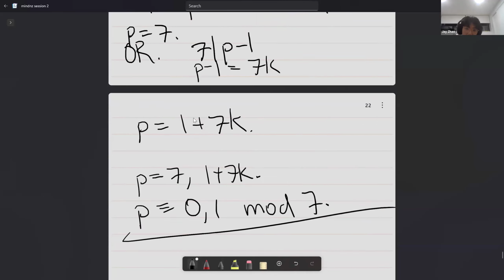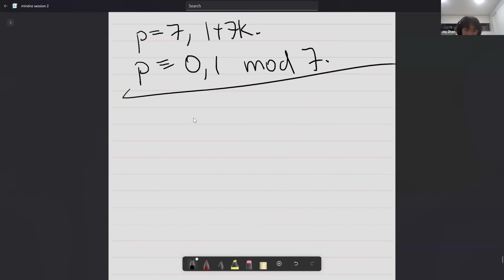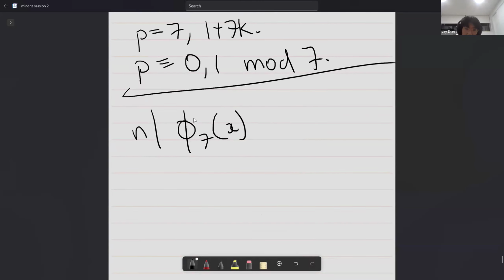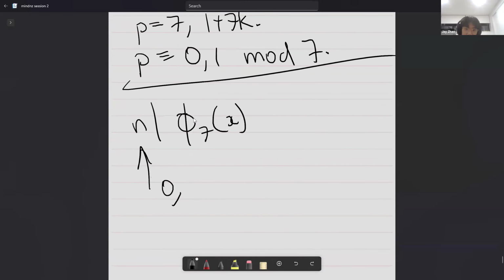Now, if you just think about some number which divides this, all the prime divisors of it are either 0 or 1 mod 7.